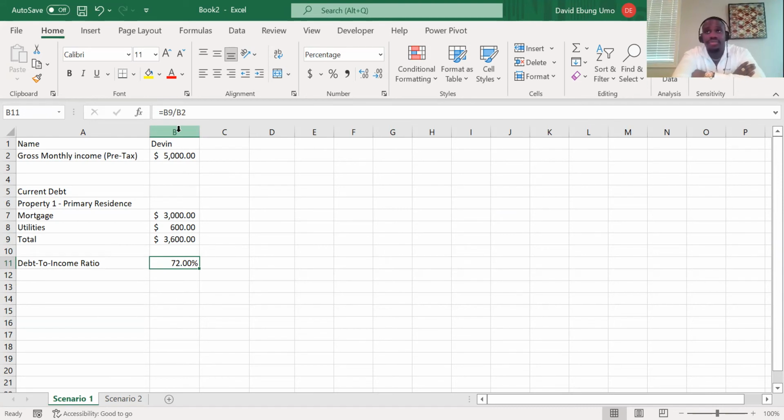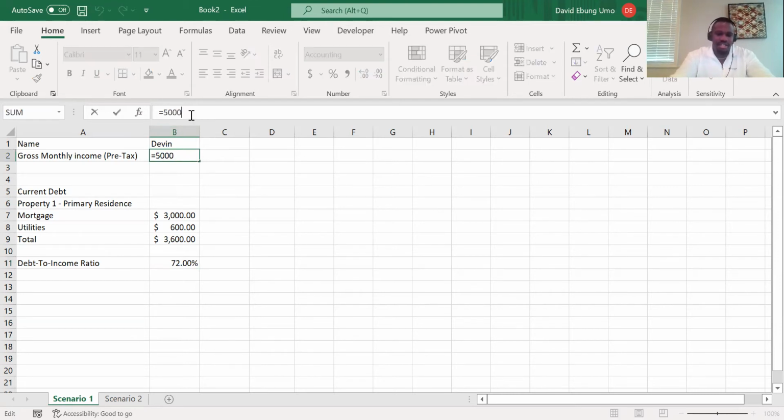Still, the point is this wouldn't fly. From a scaling perspective, obviously this is not possible. Devin is probably not going to get approved for a second loan with the same income, unless he can successfully double his income.